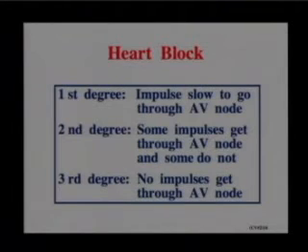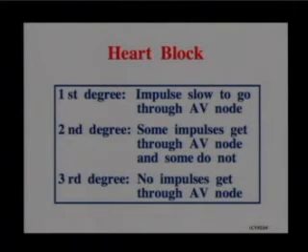If the patient has first-degree heart block, it simply means the impulse is slow to get through the AV node. If it is second-degree heart block, some impulses get through and some do not. So this patient would have more P waves than QRSs. And if it's third-degree heart block, none of the impulses get through the AV node.